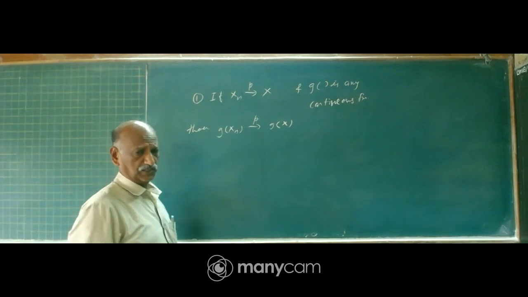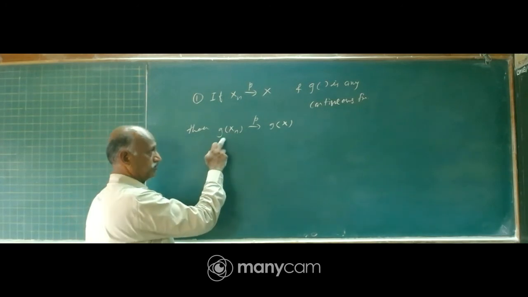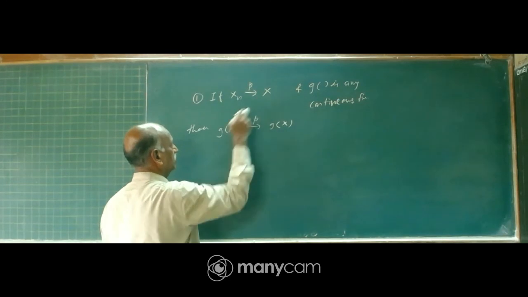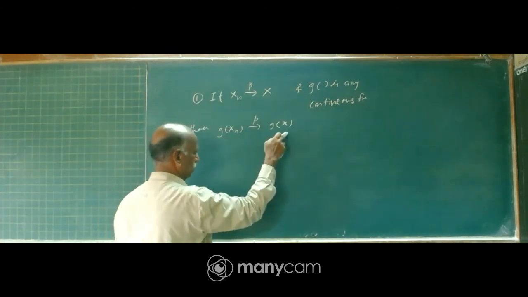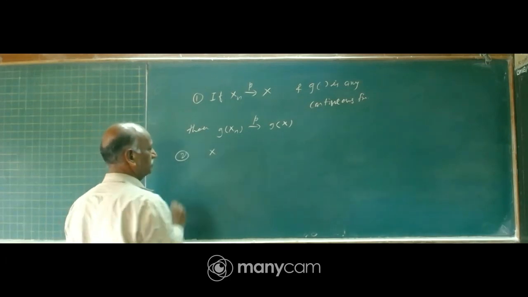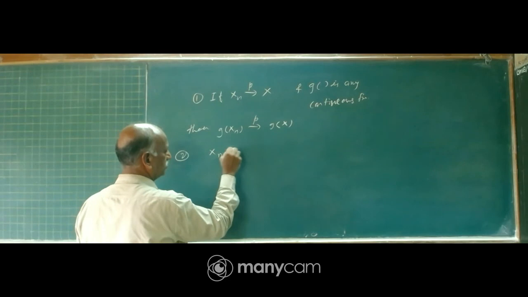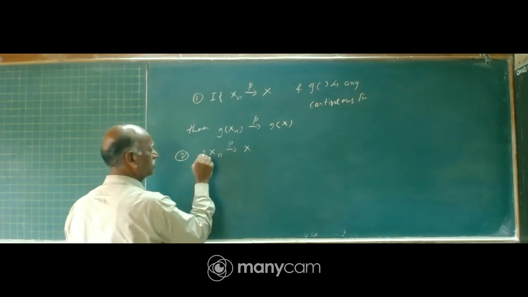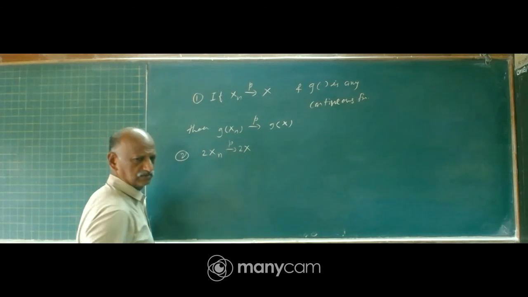g(Xn), any continuous function g: if Xn converges to X, then g(Xn) converges to g(X). For example, if Xn converges to X in probability, then 2Xn converges to 2X.